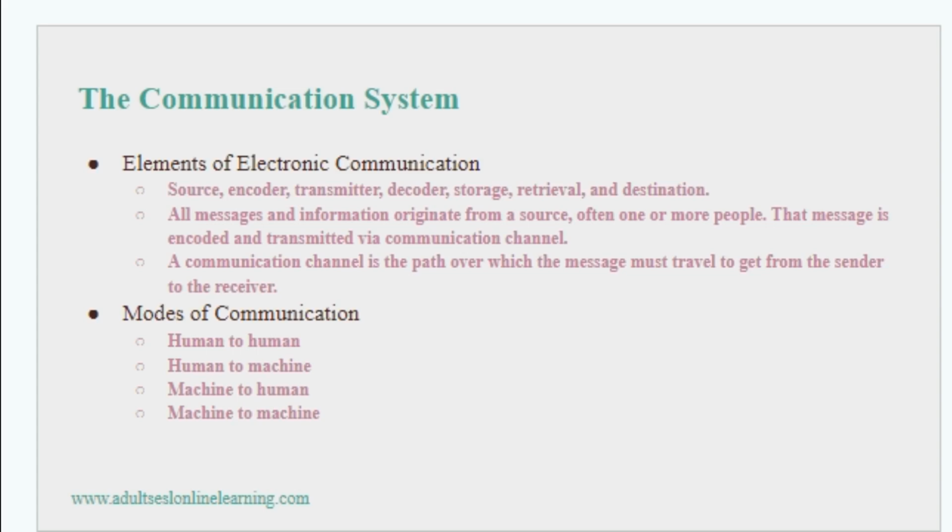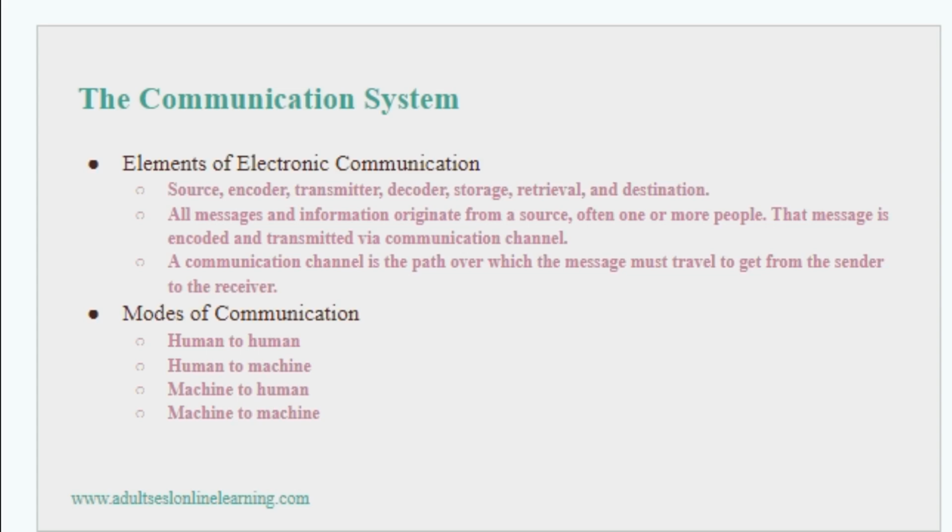Elements of electronic communication. Many technological communication systems send and or store information electronically. Like all communication systems, electronic communication systems consist of a source, encoder, transmitter, decoder, storage, retrieval, and destination.